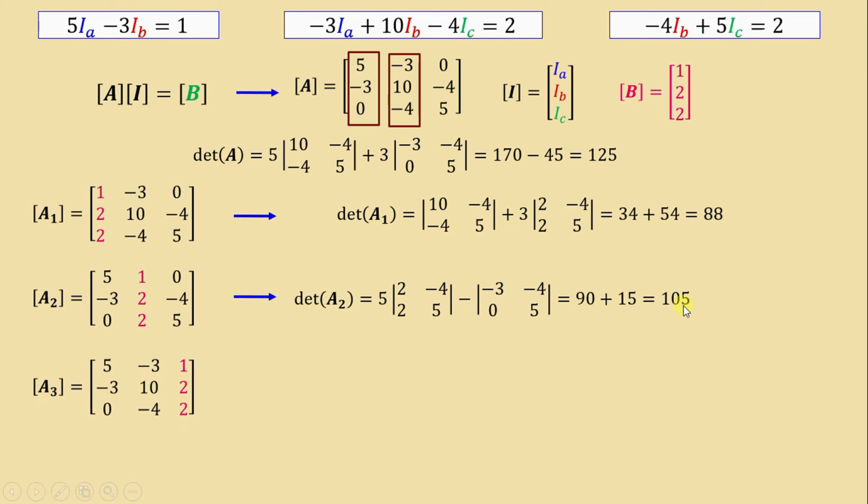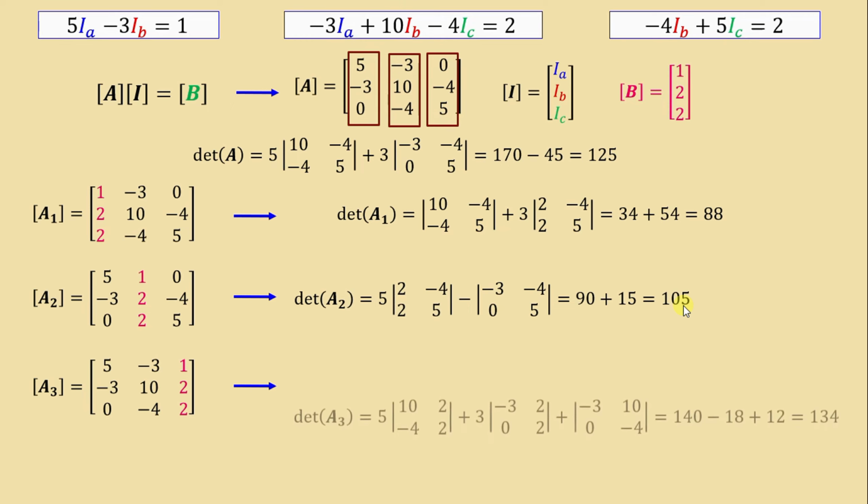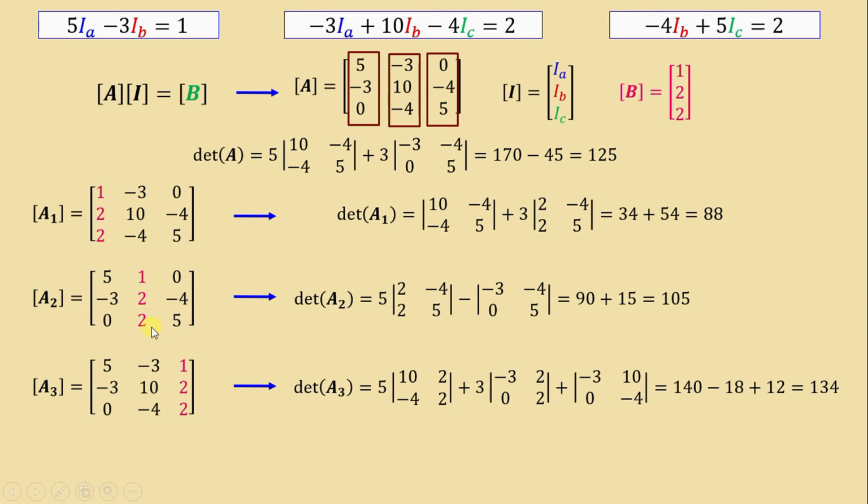We go now to define matrix A3. We obtain matrix A3 by replacing the third vector of A by vector B. Then we have determinant of A3, 5, and we cancel the first row and the first column. It stay 5 multiplied by determinant of 10, 2, negative 4, 2, minus negative 3.